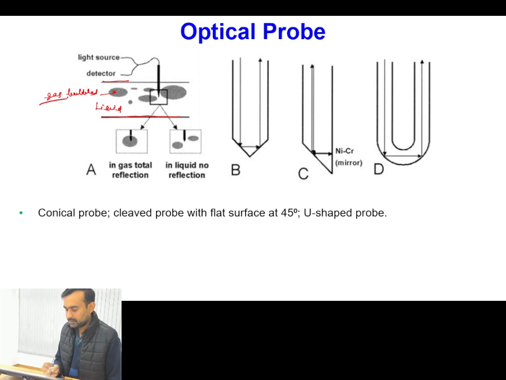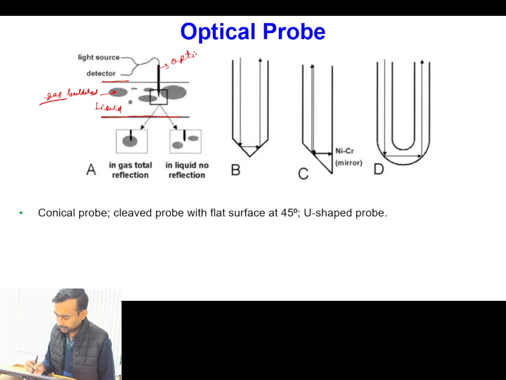So these are gas bubbles. What I am having, this arrangement, is nothing but my optical probe, and this optical probe has a light source which is connected through an optical fiber cable. So this is an optical fiber.